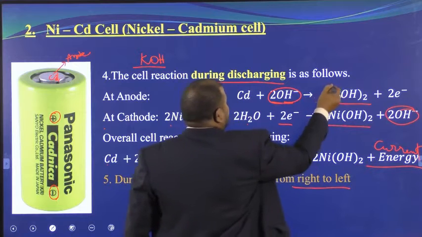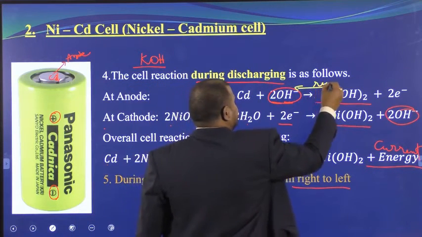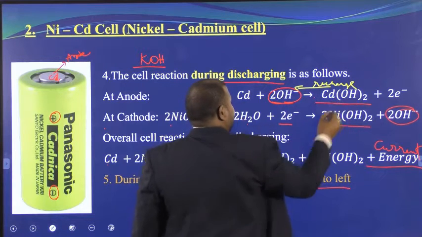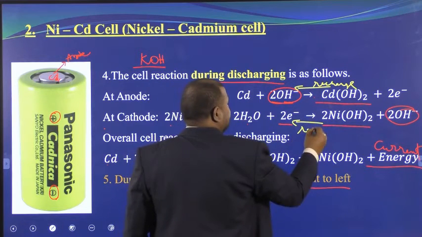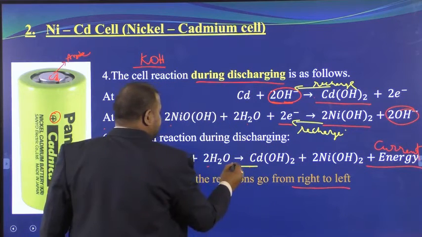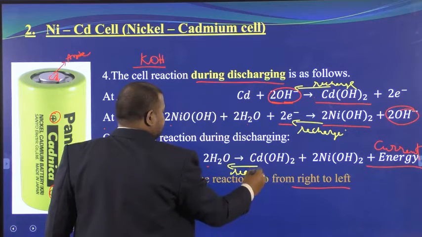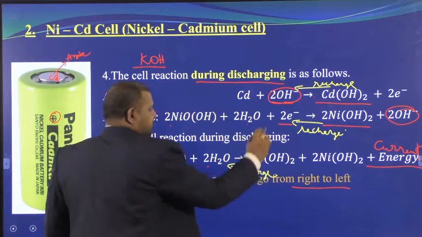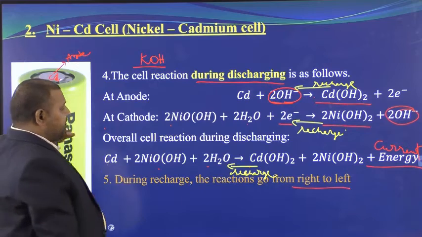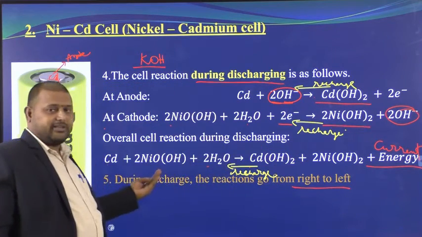This will be reversed during recharge. This reaction will be reversed. So recharge. This reaction will be during recharge. If the forward reaction is during discharging, recharging will be the reverse reaction.